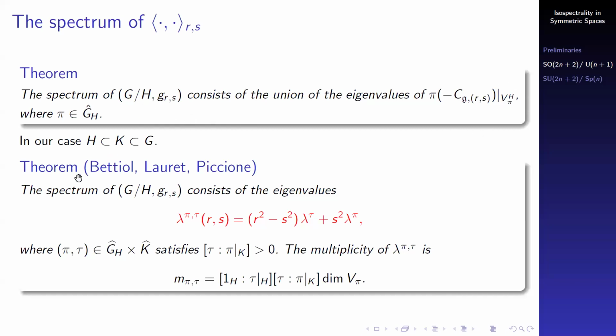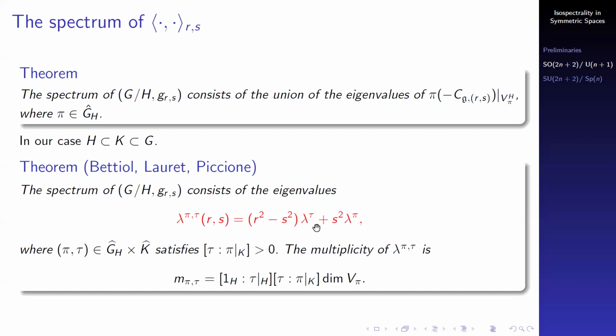In our case, we have H contained in K, which is a subgroup of G. So in this case, we can reorganize and compute these eigenvalues of this operator. This is made in a paper by Emilio Lauret and Piccioni. And the spectrum consists of the eigenvalues in this formula.